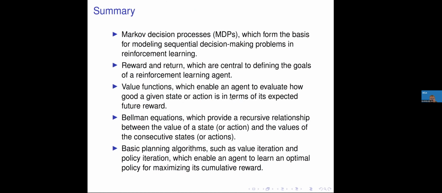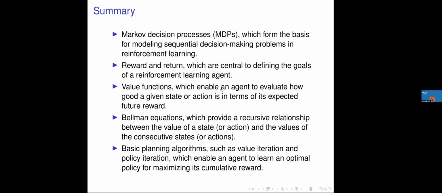So from this lecture, we've learned Markov decision processes, which is the underlying mathematical model for reinforcement learning. And we've seen the definition of reward, the immediate incentive, and the return, which is the total cumulative reward, the central goal of reinforcement learning. And I also introduced the value function, including state value function and action value function.